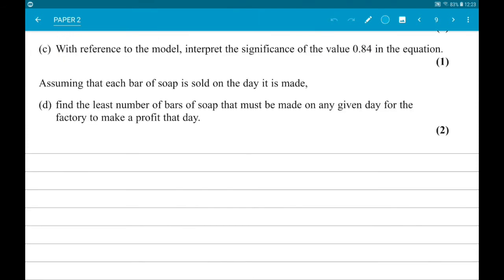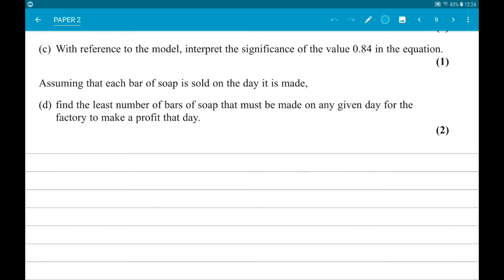C. With reference to the model, interpret the significance of the value of 0.84. Alright, so we know before the factory even starts making bars of soap, there's a fixed cost of 428 pounds. Now, the cost increases for every bar made.